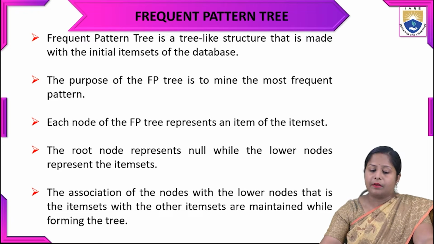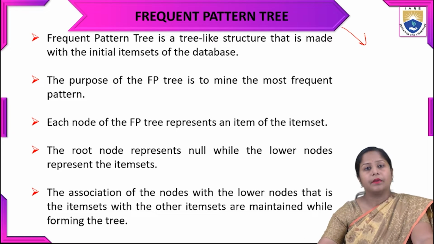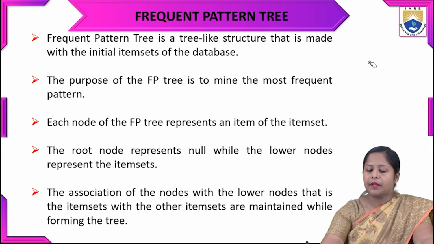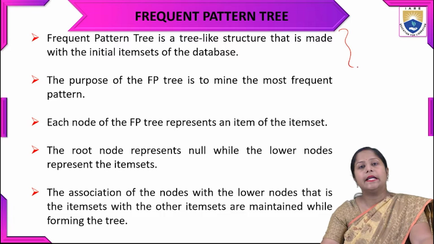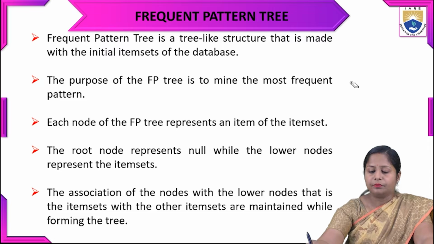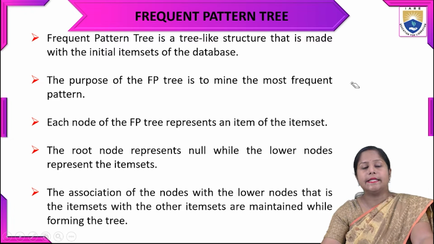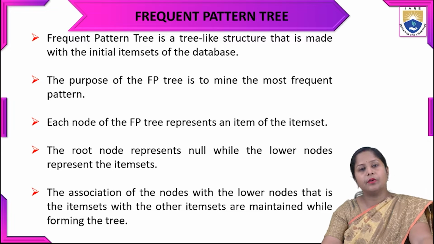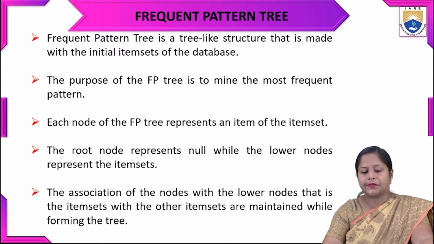Now we will take the first method, the basics of the frequent pattern tree. So what is a frequent pattern tree, the FP tree? An FP tree is a tree-like structure made with the initial item sets of the database. So the FP tree has the initial items of the database shown in the form of a tree-like structure.